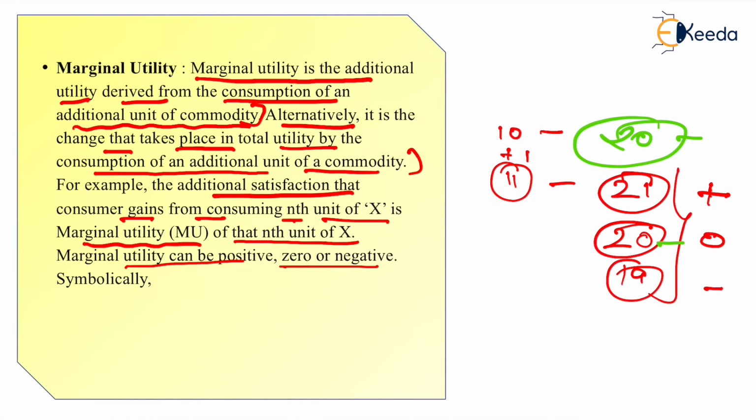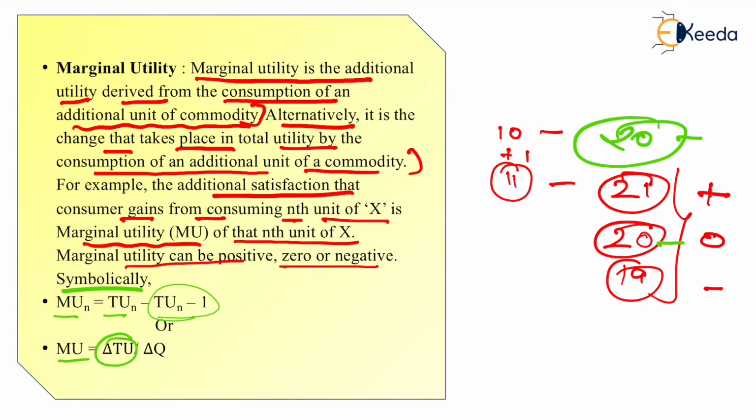Now symbolically, marginal utility is also mentioned as MU, that is MU equals TUn minus TUn minus 1. We can also say marginal utility is equal to change in total utility upon change in quantity.